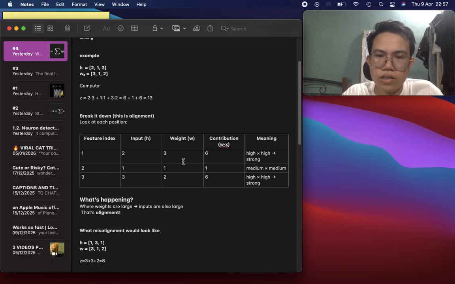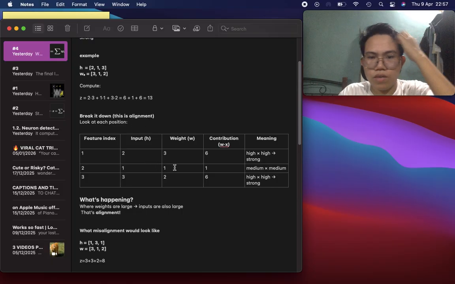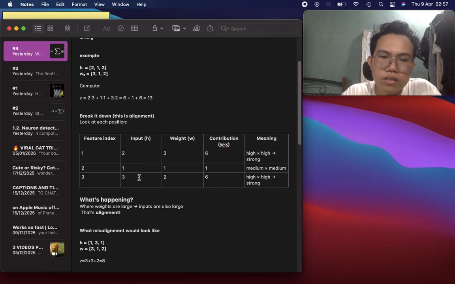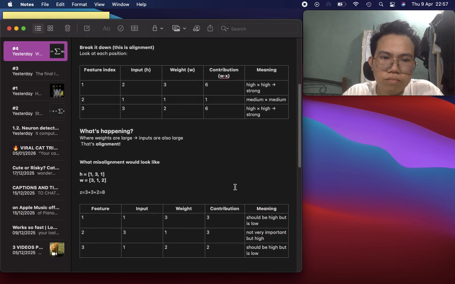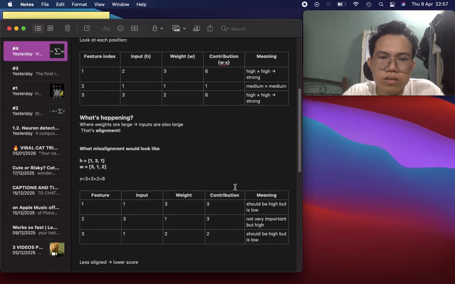So this one is high and high, meaning it's strong. This is medium and medium. As you can see, you have the same patterns, medium value, they are aligned. High value and high value is strong alignment. So what's happening? Where the weights are large, the inputs are also large.